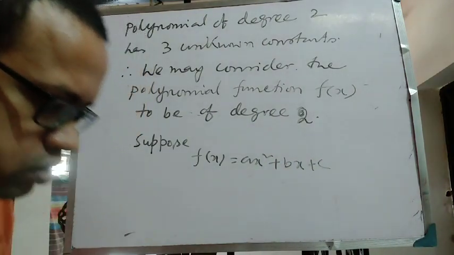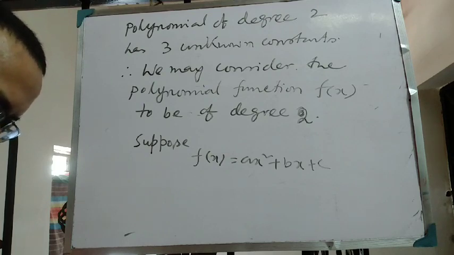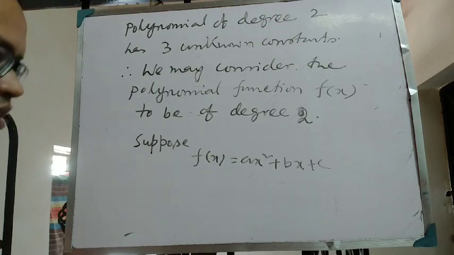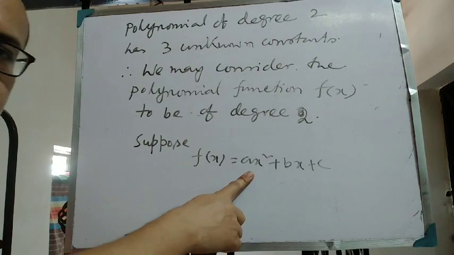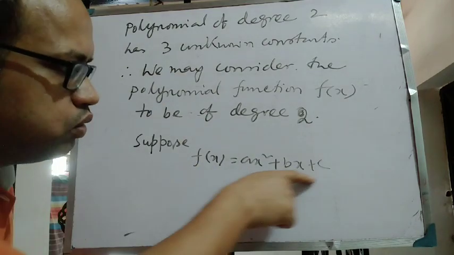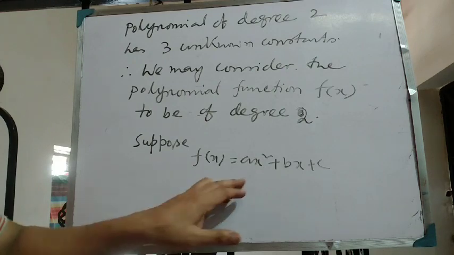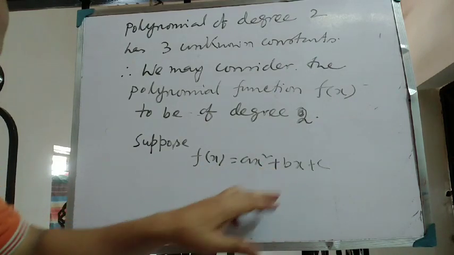So now use the information. Here the form of the expression is not given to you, but using the concept of the polynomial you can assume what should be the form of the polynomial. In this case it is a second degree polynomial, which can be written in this form.